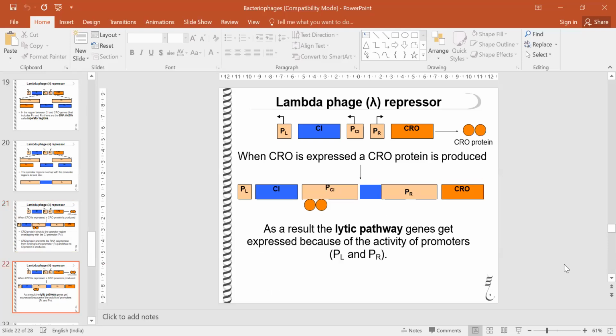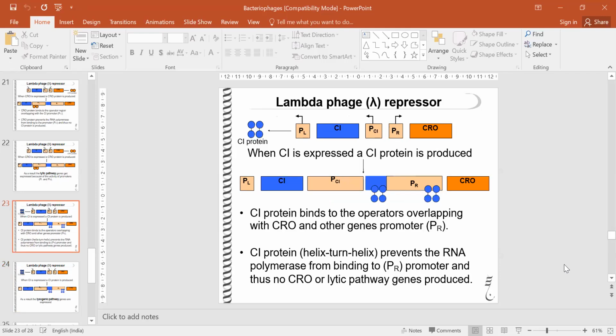As a result, the lytic cycle genes are expressed because of the activity of the promoter. If lambda C1 is not active, there is no expression of the lambda C1 repressor. In this case both promoters PL and PR are active, and the bacteriophage follows the lytic cycle.